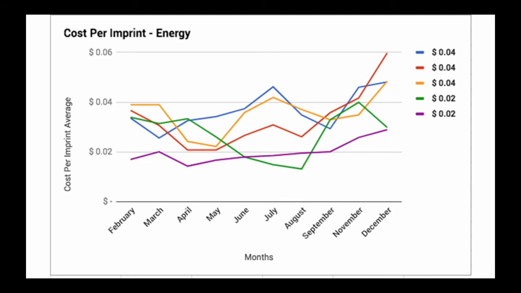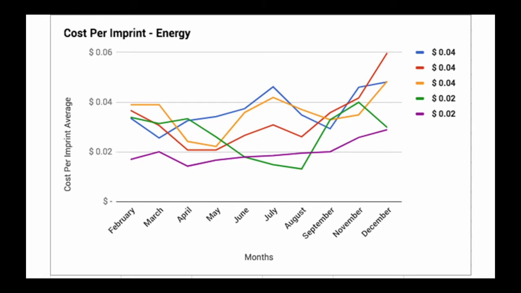What's going on with this? In the winter months, we use more energy because the heat's on. During the summer, we don't use as much energy, so things tend to be a little lower. What you want to do with this type of data is look at it and predict what we can change to lower our costs.